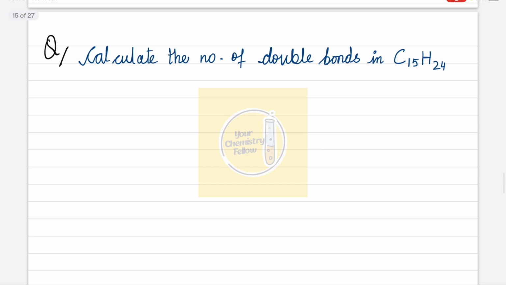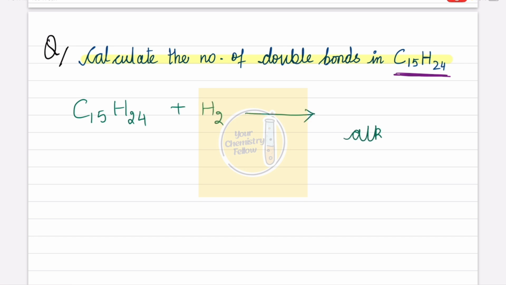Okay, now we will do a question. And the question is, calculate the number of double bonds in C15H24. For this, I will construct the equation for the hydrogenation reaction first. C15H24 undergoes hydrogenation. It will form an alkane.